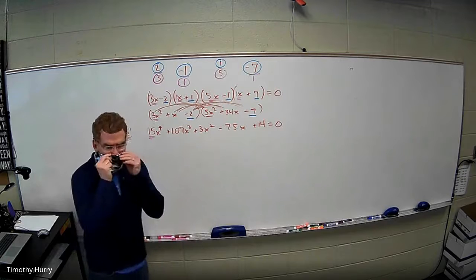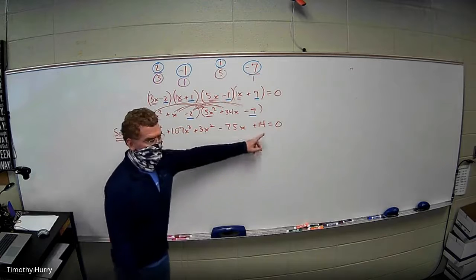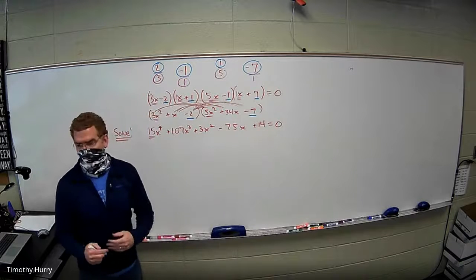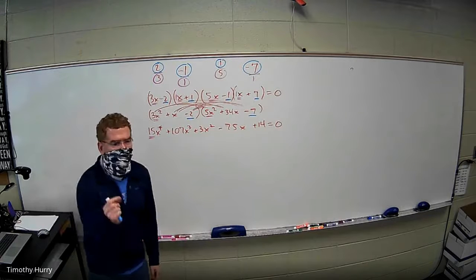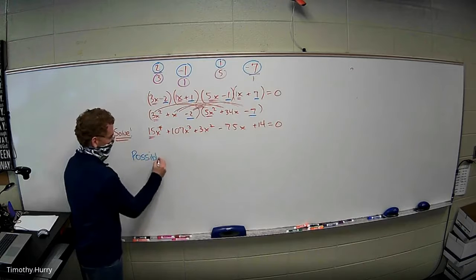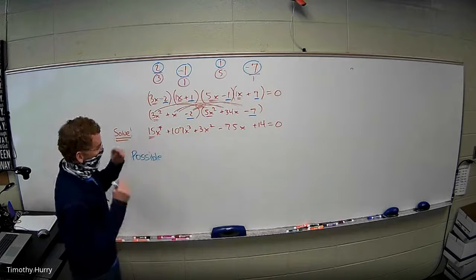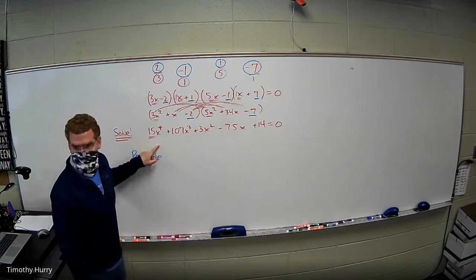So with that in mind, here's the problem. I still can't look at this and tell exactly what the roots are. But I do know this. If it's possible, my denominators in my roots are going to come from the factors of 15.